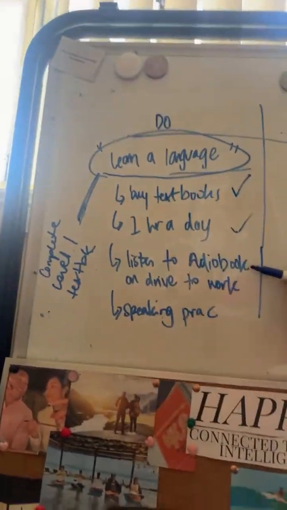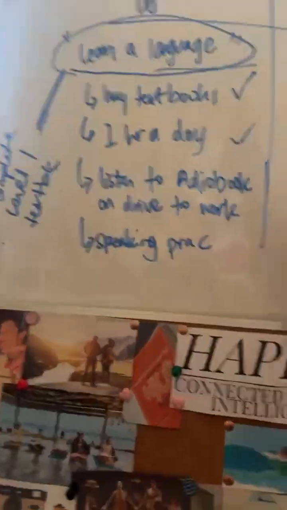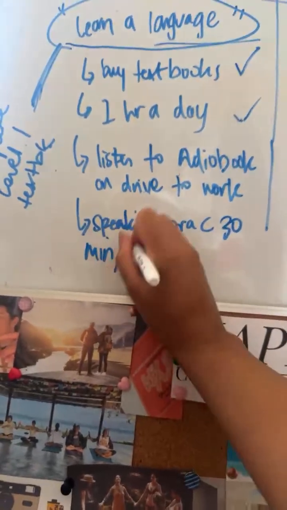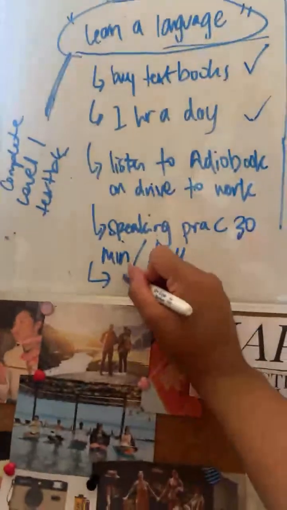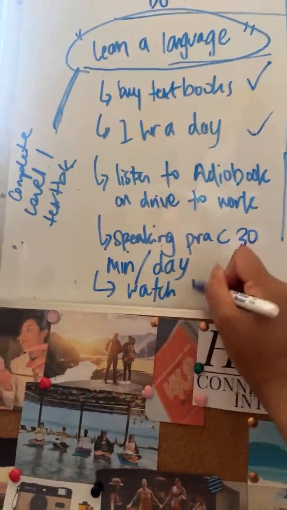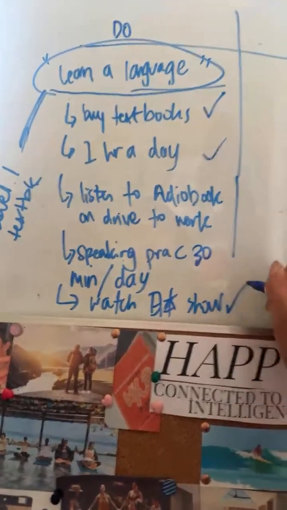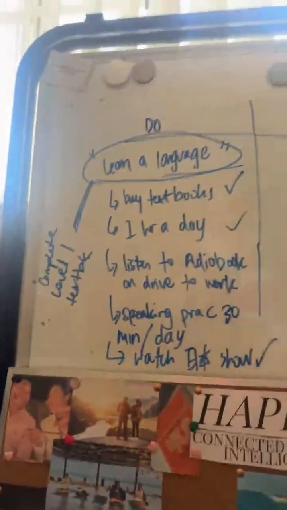Okay, so listen to audiobook while I drive to work, do speaking practice, and I want to be specific, so 30 minutes a day. And one of my goals as well in relation to this was to watch a Japanese show, which I have actually started. So to basically get to this goal, all my subtasks, okay, ready.